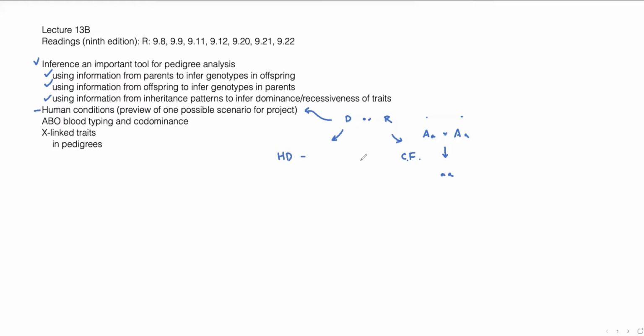So 13D will be dedicated toward giving you information that will help you get started in your research on your genetic conditions project. Okay. So bottom line, right now, all I want to tell you is that the things that we've been talking about so far would apply to some of the diseases that we're talking about. Some, not all, some human conditions. Are as easy as that.